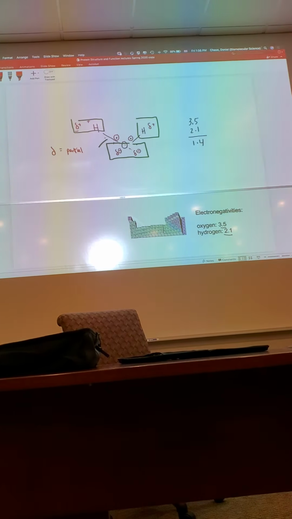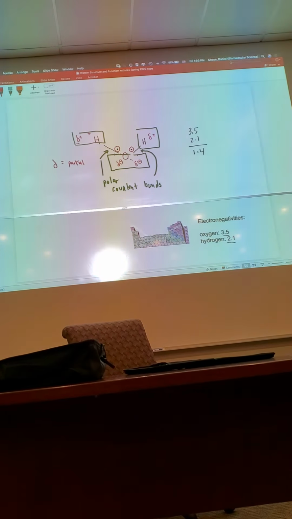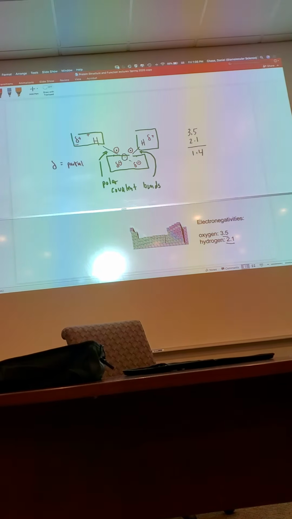It's a polar covalent bond. And I'll put the letter S there because then I'm going to draw my arrow to the other one as well. Those partial charges on water are absolutely critical to its ability to do things. Otherwise, it would be like a noble gas, just floating around, incapable of interacting with other molecules.